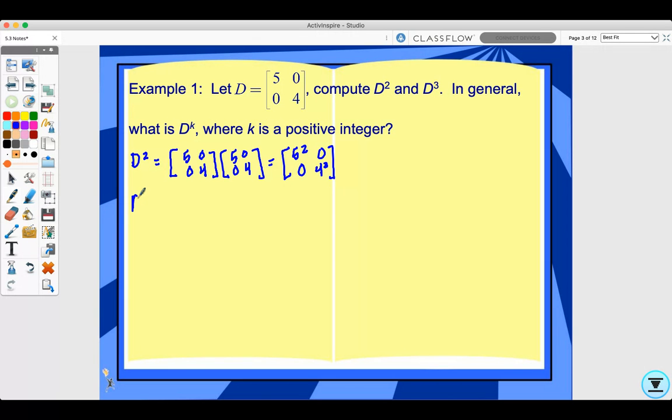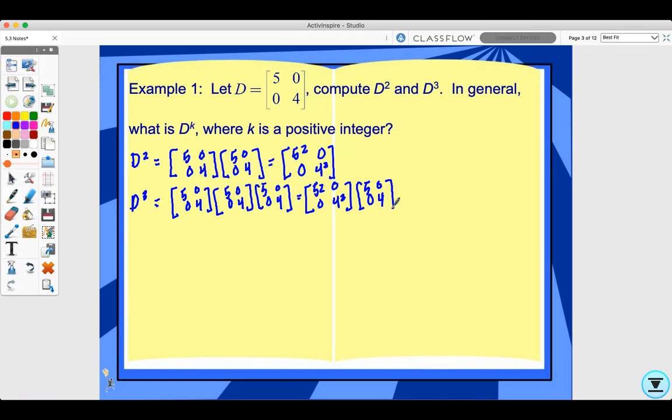And then let's go ahead and look at D cubed. So we would multiply the same matrix by itself 3 times, which would be the same as taking our previous answer for D squared, multiplying it by this, and you would end up getting 5 cubed, 0, 0, 4 cubed.